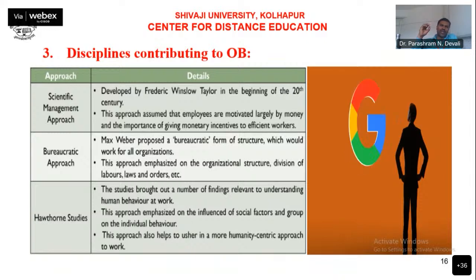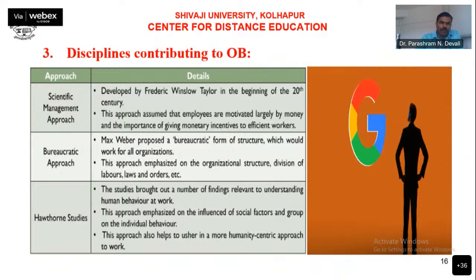This approach assumes that employees are motivated largely by money and the importance of giving monetary incentive to the efficient worker. म्हणजे थोडक्यात काय आपण जे टार्गेट अलोकेट करतो, when we allocate or assign the target to our employee, that time who want to achieve the target and give more productivity, we want to give more incentive to that person. This approach emerged in scientific approach.